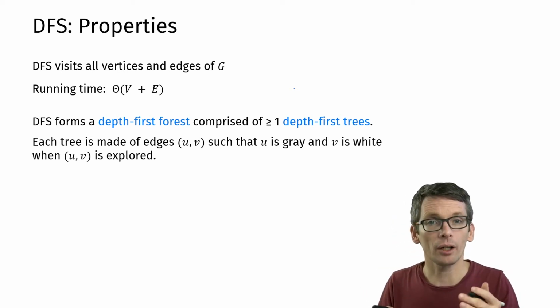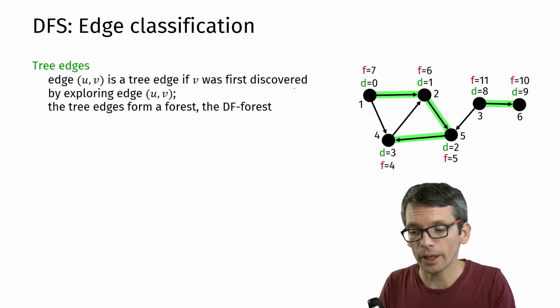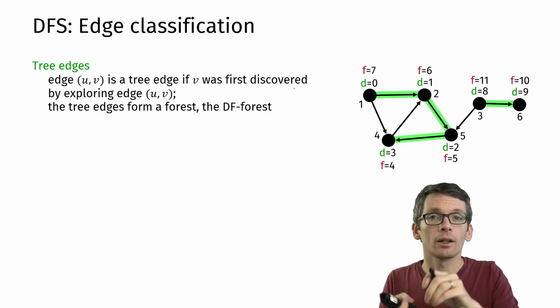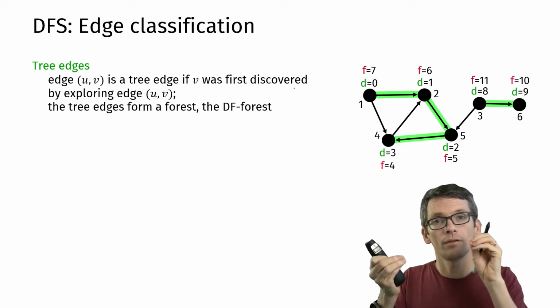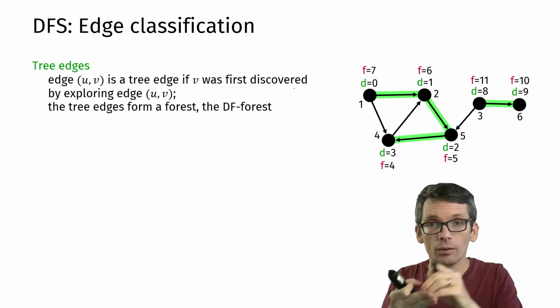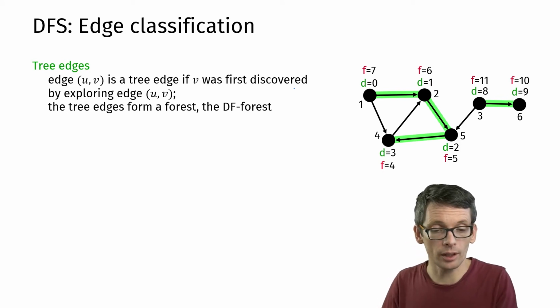We can more generally classify all of the edges of the graph. First we have the tree edges. Those are the ones where, when we looked at the edge uv, u was gray, v was white. So when we first discovered v, this was the edge via which we did it. And those are the ones that form the depth first forest, the ones that you see here in green.